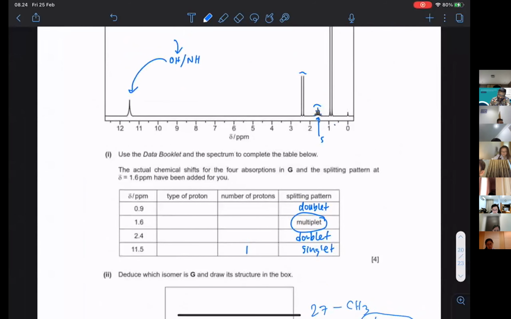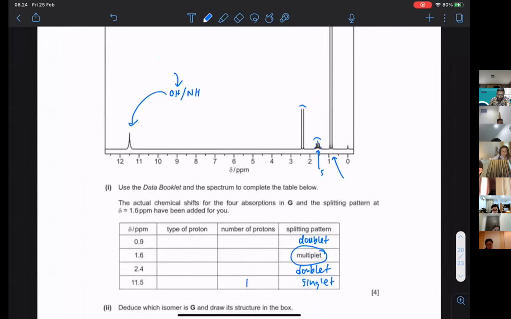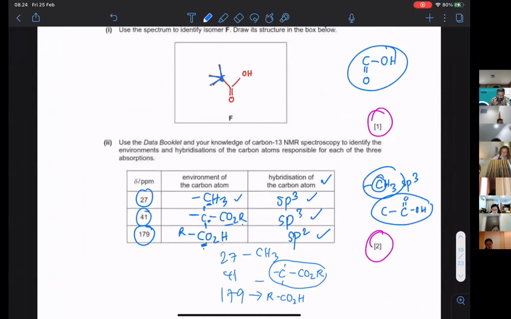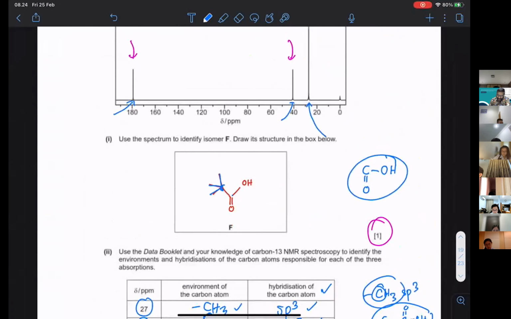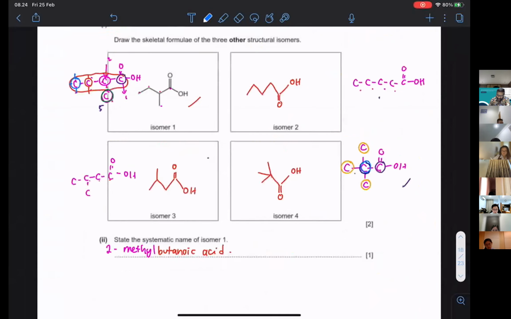0.9, based on our experience in the past, belongs to CH3. But let's actually check, no need to assume. You see, 0.9 is most likely CH3, CH2, or CH. So CH3.